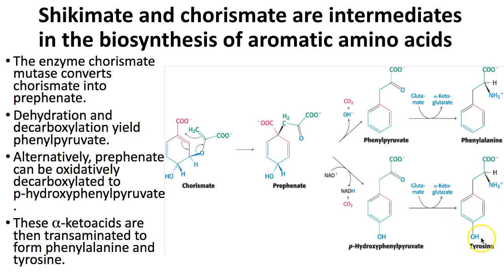And also the final form of the amino acid, tyrosine. And then another option, or a path, is dehydration and decarboxylation to form the phenylpyruvate. It reacts with the glutamate to form alpha ketoglutarate, and the final form, the phenylalanine.